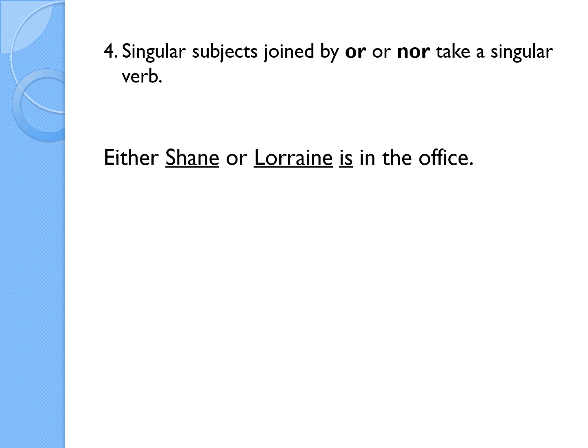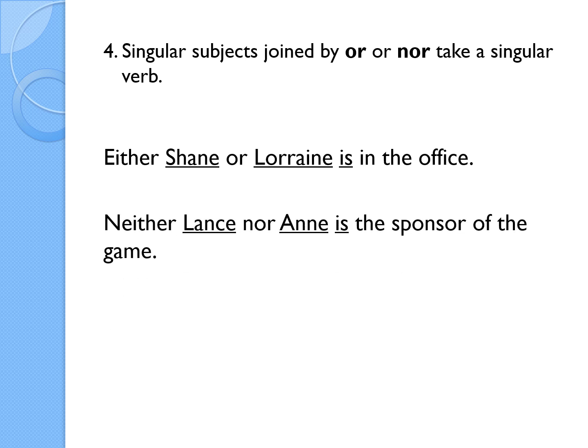Since or is used in our sentence, we have to use the singular form of the verb is. Another example: neither Lance nor Anne is the sponsor of the game. So we have here neither, nor. There are two persons, Lance and Anne, mentioned, but since nor is used, the linking verb in the singular form is used, and it is is.